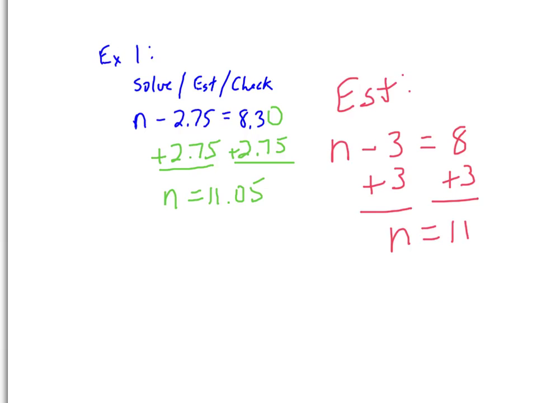Now then I'm going to do an equation check to make sure it worked, and I'm going to say 11.05 minus 2.75. Does that equal 8.3? If I need to do a little work on the side over here, I can verify that.